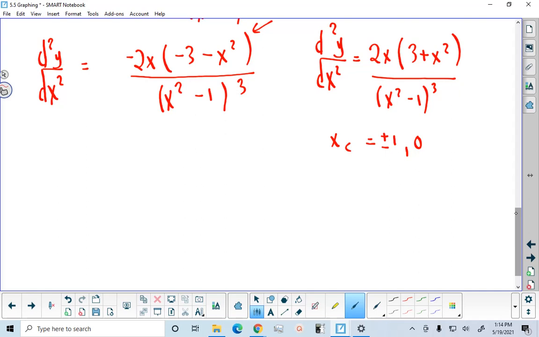So I'm going to need to construct my table using the whole width of my screen because I'm going to have to include for all of my factors 2x, 3 plus x squared. Now, I'm not saying you can't put this entire thing in its own column. You can. You could put the whole derivative as one column, or the whole second derivative.